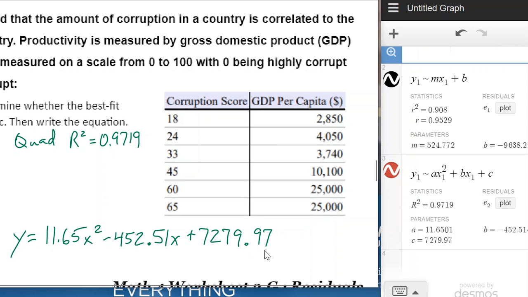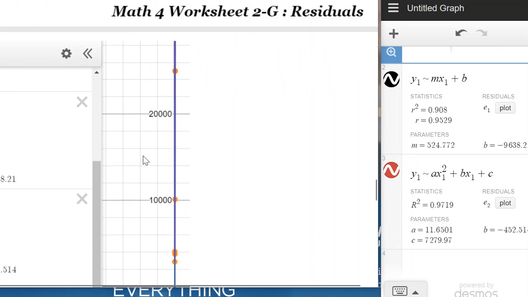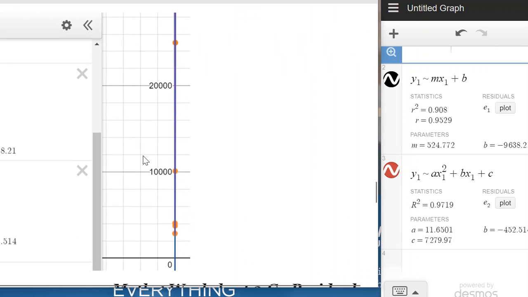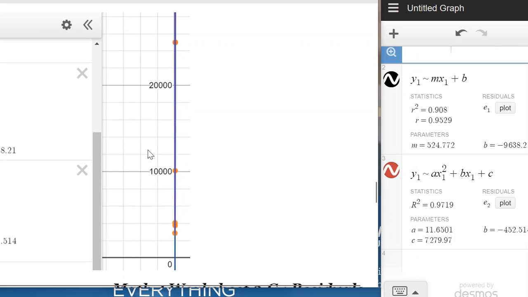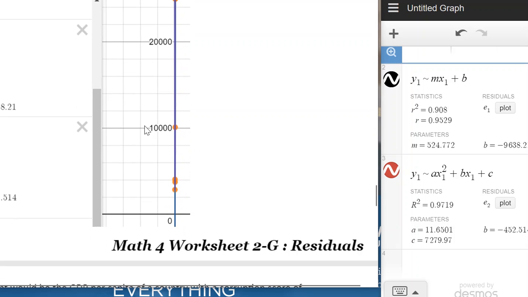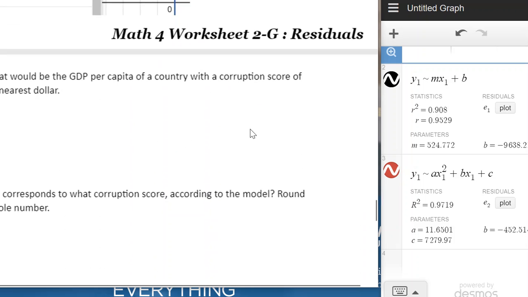So that's what our equation will look like. And the thing was that, when you look at the graph, the linear and the quadratic really were close to each other because the linear is following along one edge of the quadratic, one end of it, as it were.